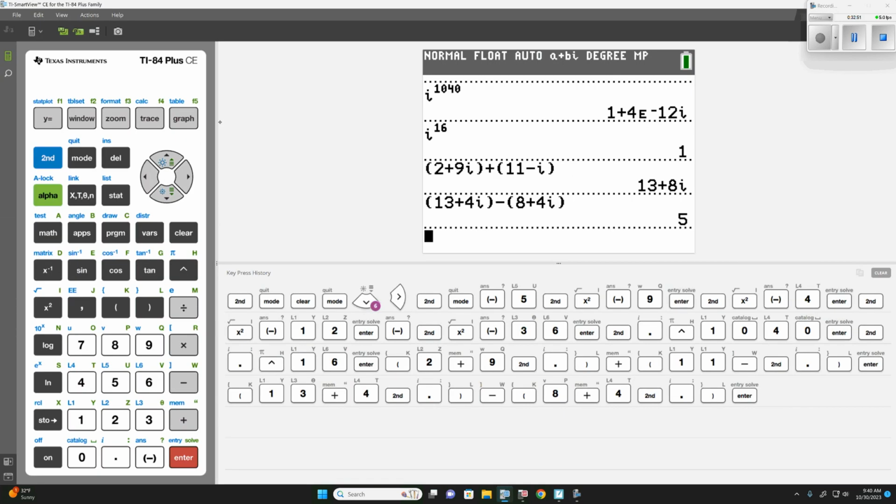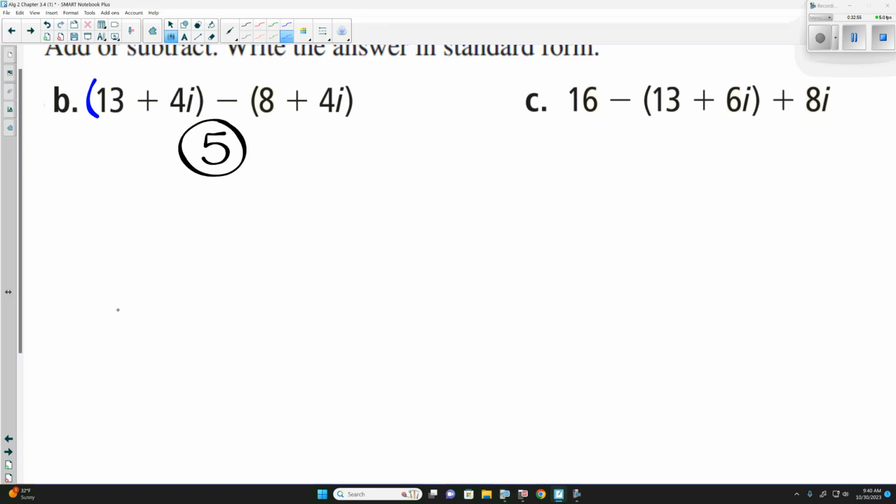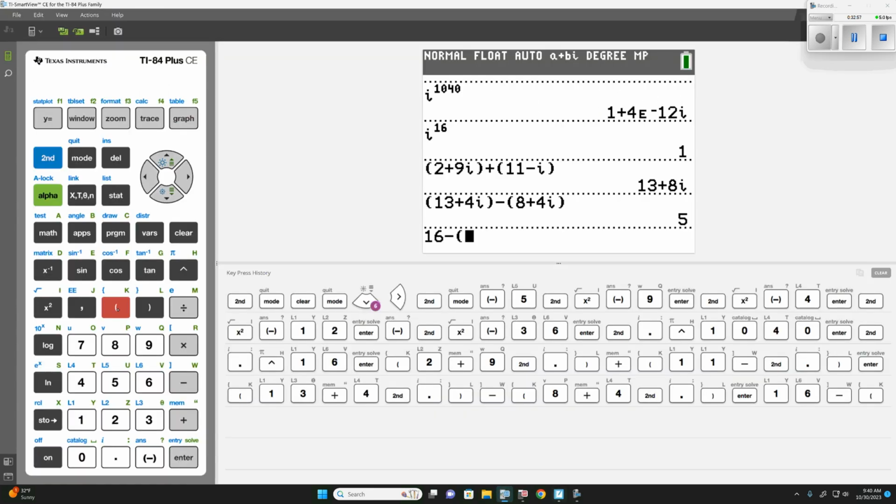So if we did this one here, 16 minus 13 plus 6i. To get i, we go second, decimal point.